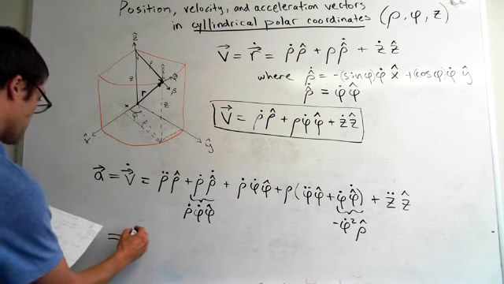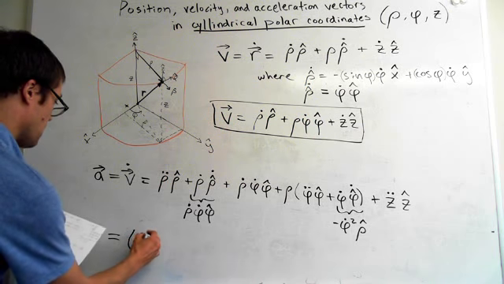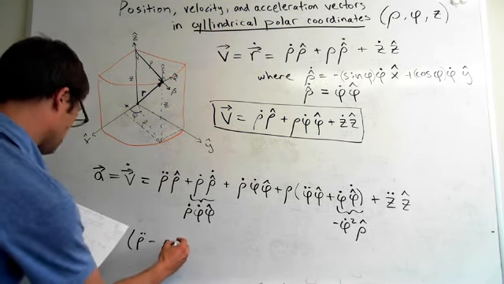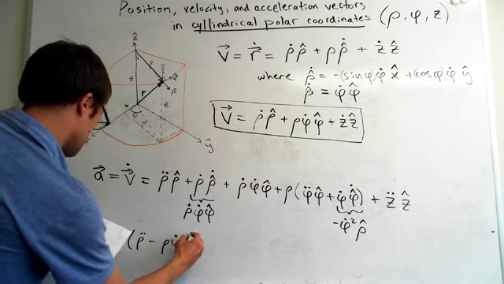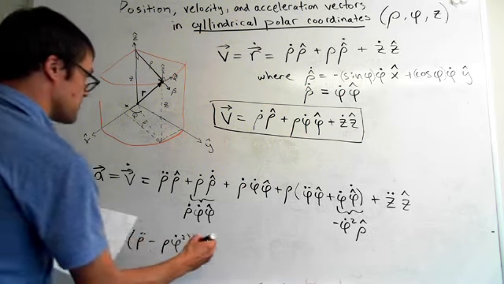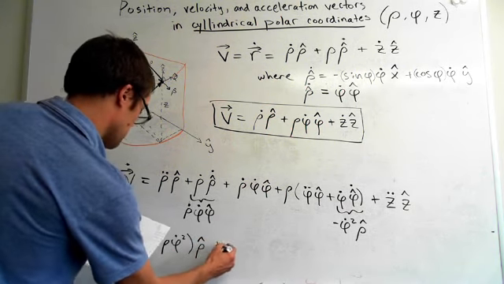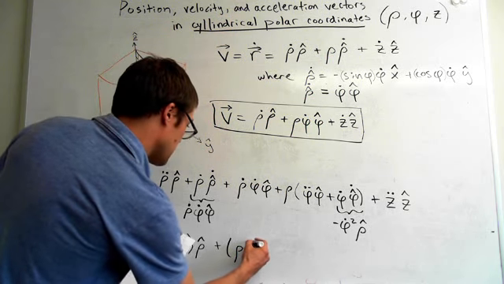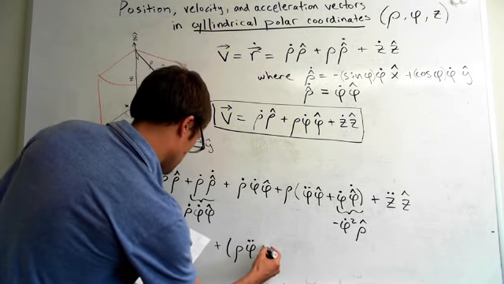Grouping together terms with the same unit vector, we've got rho phi dot squared, rho hat. So this is not going to be a nice, simple, small expression, but nonetheless, even though it looks rather beastly, it can be quite useful in certain problems.